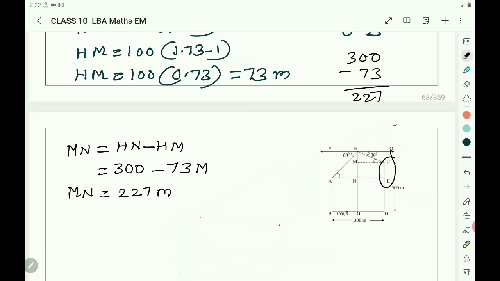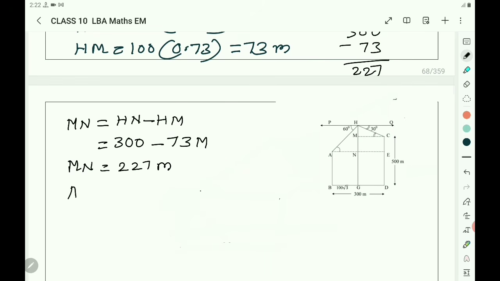Then you know that MN is equal to CE, and AB is equal to DE minus CE. Then you write AB equals DE minus CE.